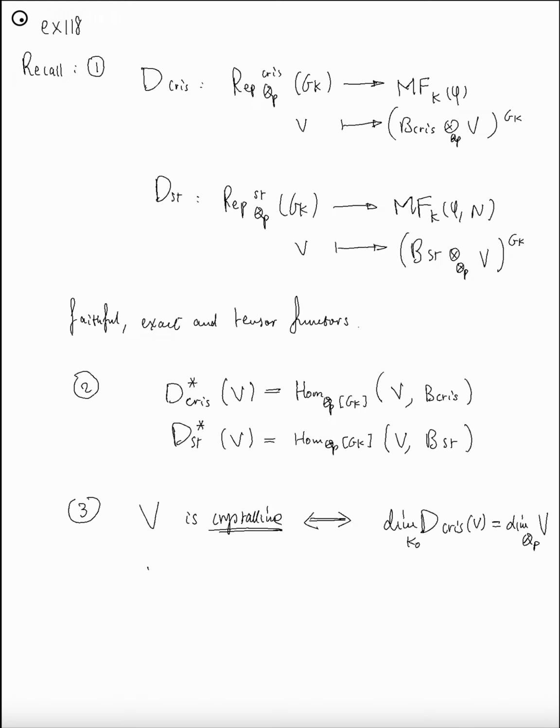Respectively, V is semi-stable if and only if the dimension of D_st(V) over K_0 equals the dimension of V over Q_p.